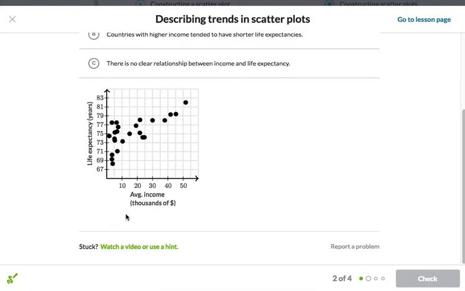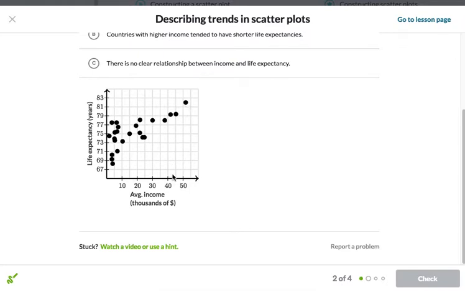That makes sense because there are other factors to life expectancy than income. But the higher the average income climbs, we can see that maybe it's due to other factors, like the higher the average income, the better access to health care, and so on and so forth.